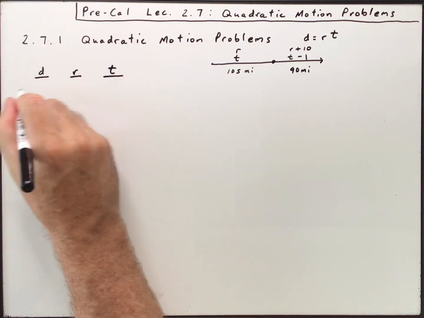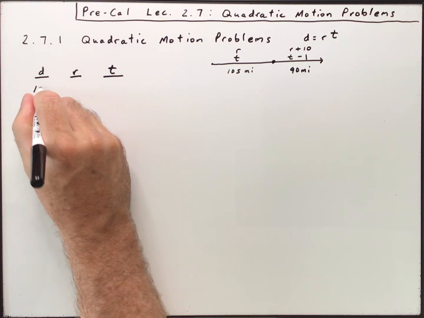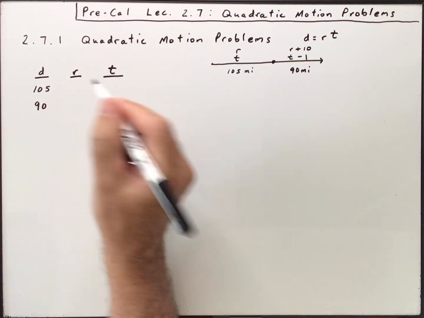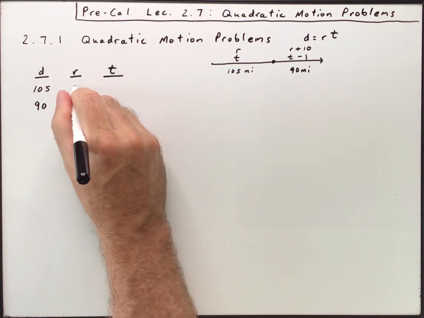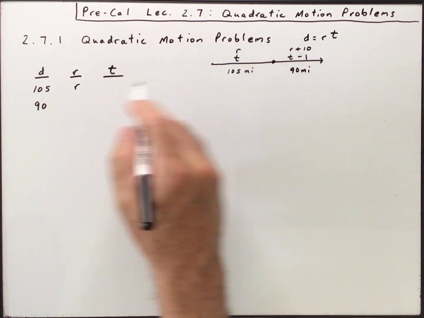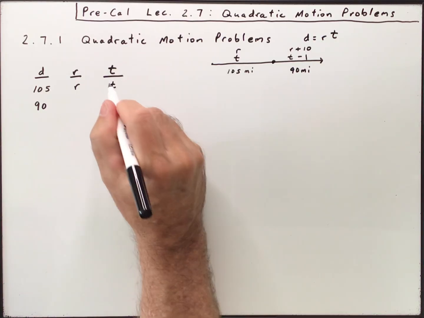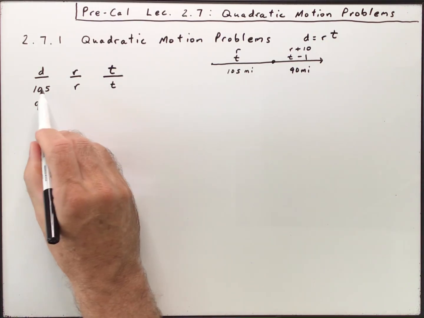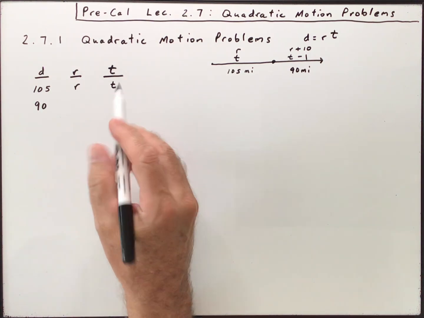Okay, so let's make a distance equals rate times time chart here. And we'll say the first leg of the trip was 105 miles. The second leg is 90 miles. We know the rate is r. We've talked about that. We're just going to give it, and the time is t. So we always like it if we can to have an easy one, just a distance equals rate times time for one of them.